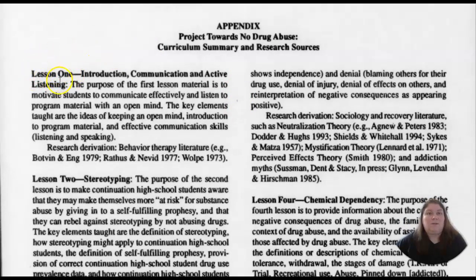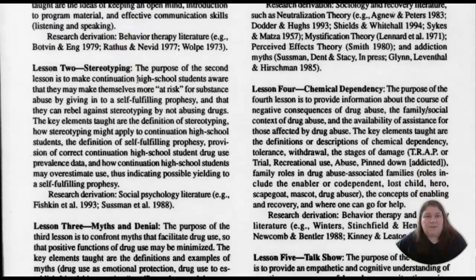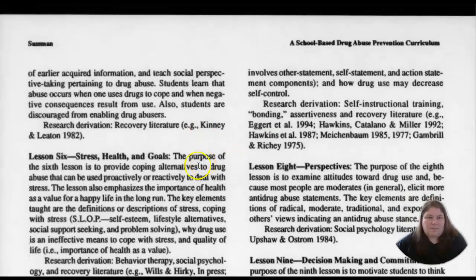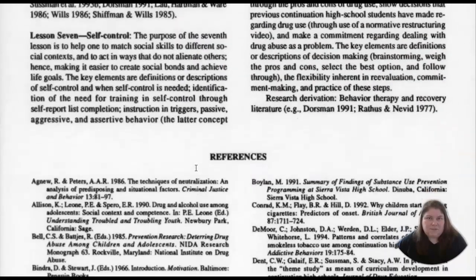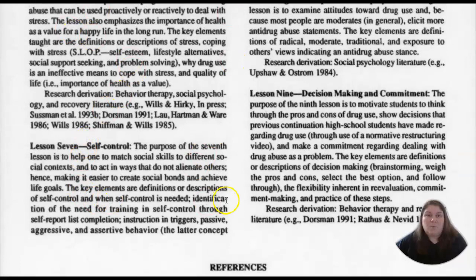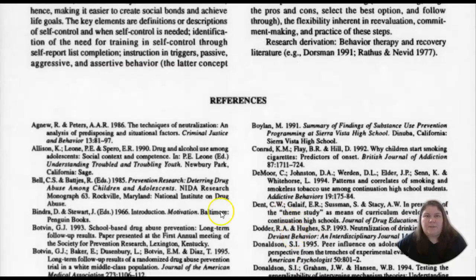So in Lesson 1, there's an introduction. Lesson 2, we talk about stereotyping. And he goes on to describe each of the lessons. So you can look at those and see what was broken apart in each lesson. And then at the end, he ends with the references that helped inform his curriculum development.